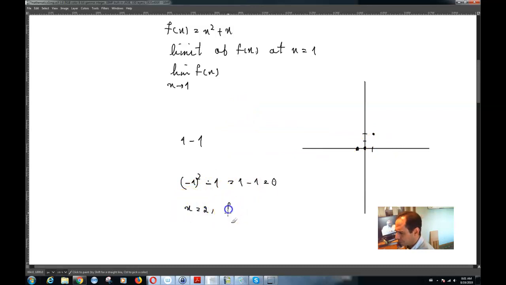If x is equal to 2, then f of 2 is equal to 4 plus 2, which is equal to 6.